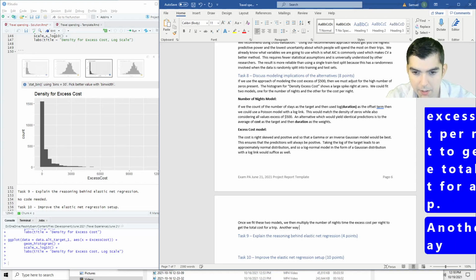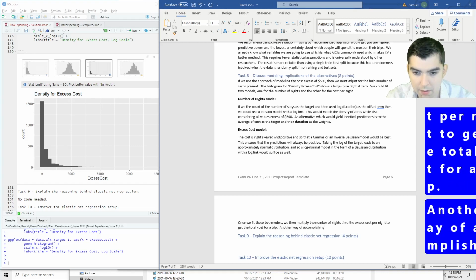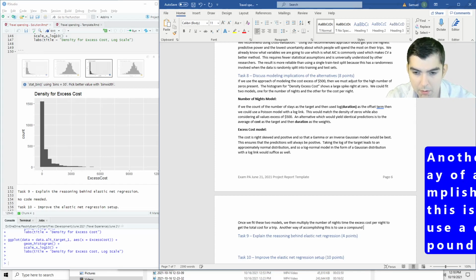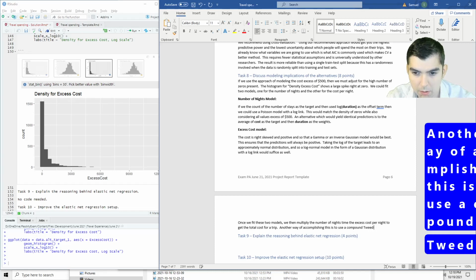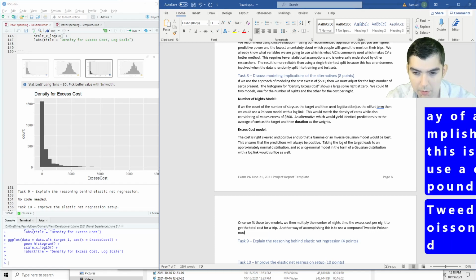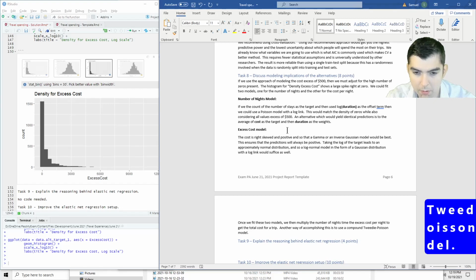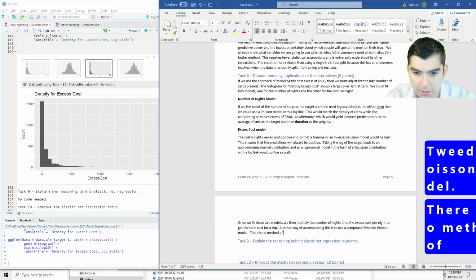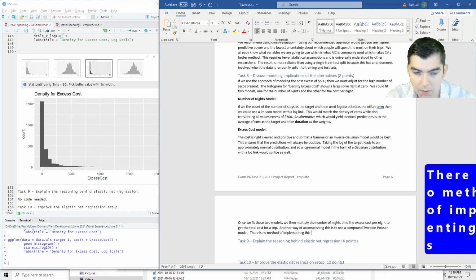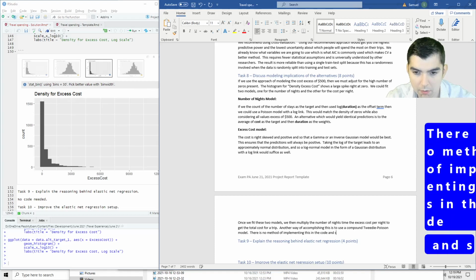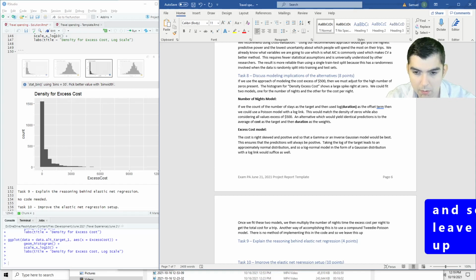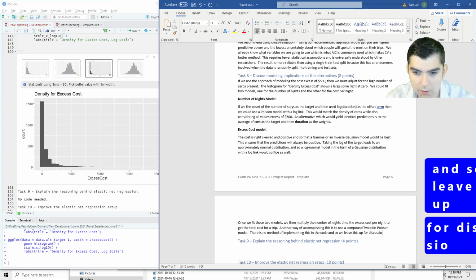Another way of accomplishing this is to use a compound Tweedie-Poisson model. There is no method of implementing this in the code, and so we leave this up for discussion.